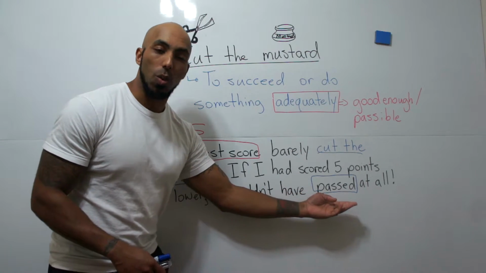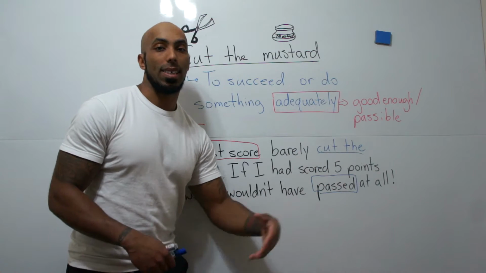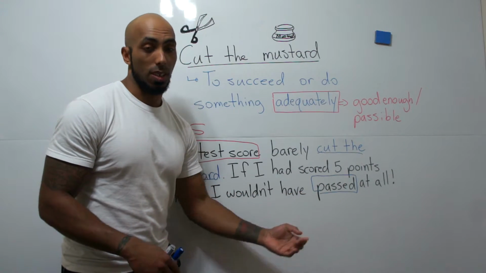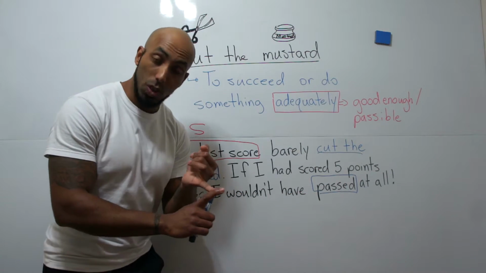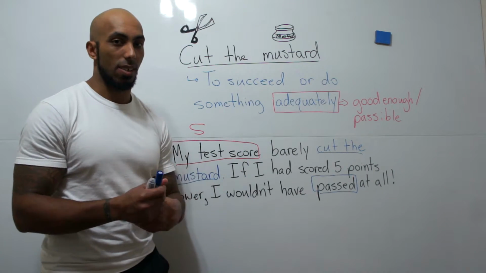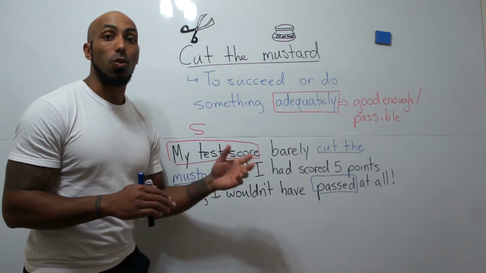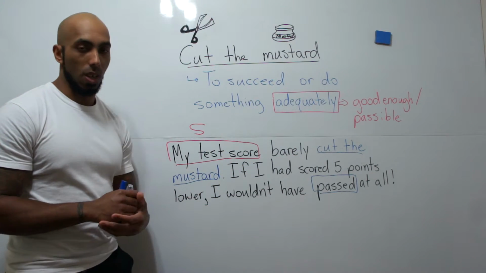Maybe I should have been a little more specific to talk about what I am passing, right? So this can have two meanings. Either the test, I just barely passed the test, or I just barely passed the entire class. Anyway, the idiom or the meaning of the idiom is represented in this sentence, okay?